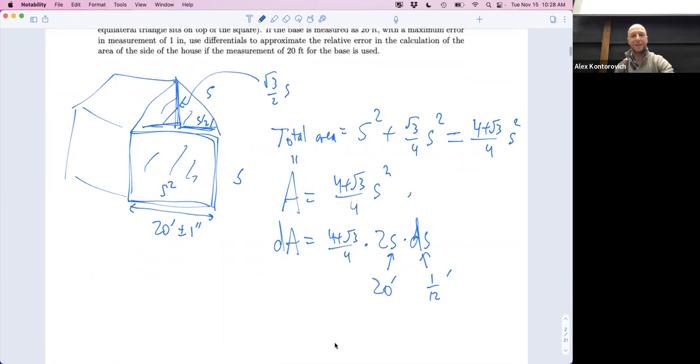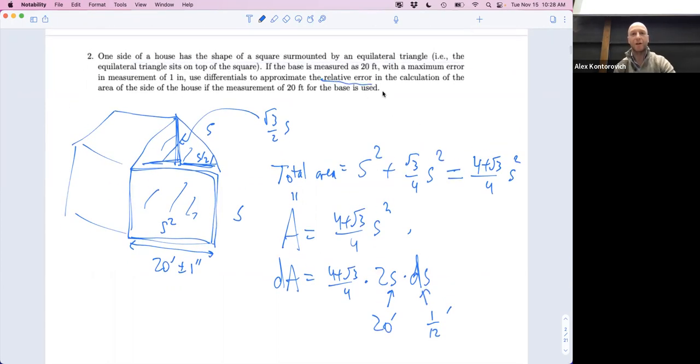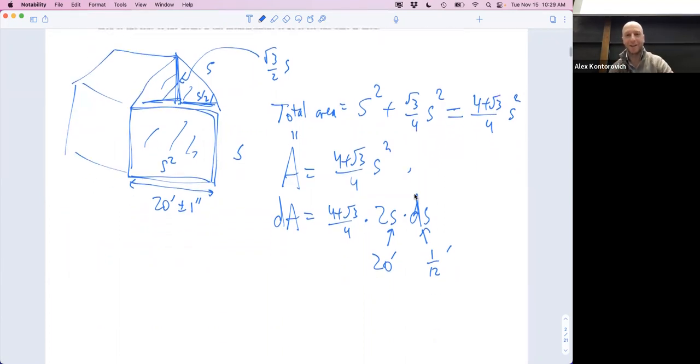So the relative error is not the proportional error, is it? What's relative error mean? Relative error just means what's the error in the measurement of area, right? It's not the percent error. Let's calculate both just in case.